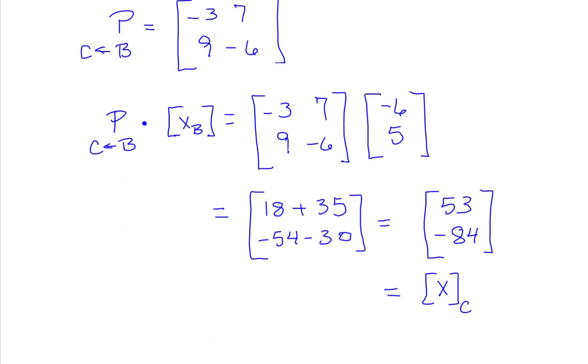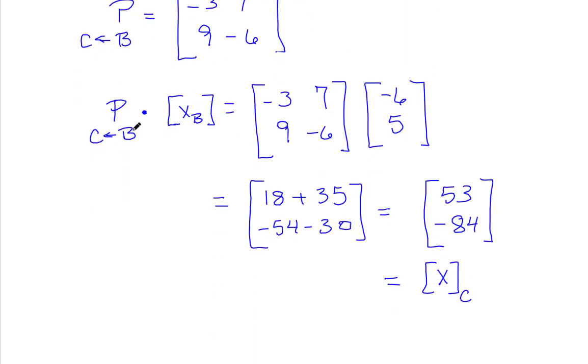So we simply take our transformation matrix, multiply it by x in the B coordinates, go through the multiplication, and then we get our representation of x relative to the C basis.